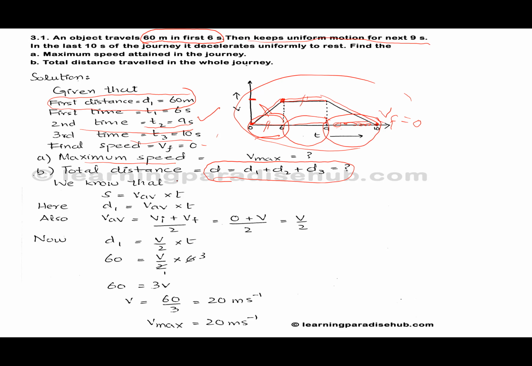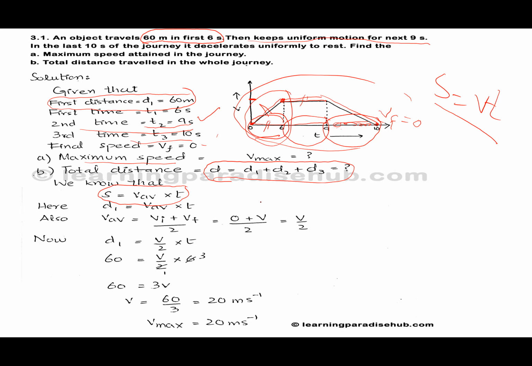So first we will use this formula, d is equal to Vt. We will find the distance. In the first case, during this journey, d1 is equal to V average into t.